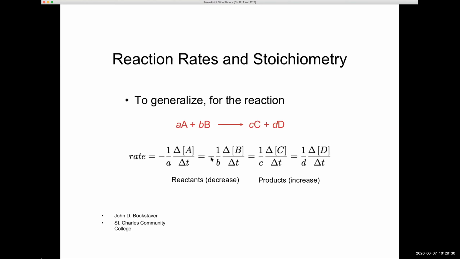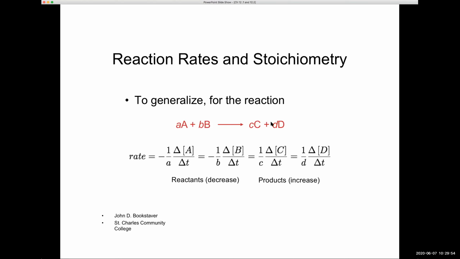If we have a second reactant, again, it's minus 1 over the coefficient of that second reactant times the change in concentration over time. And that's equal to 1 over the coefficient, positive, for the change in product concentration over the change in time, equal to 1 over the coefficient change in product concentration over time, if there's more than one product.